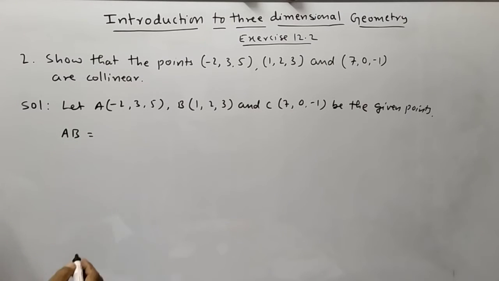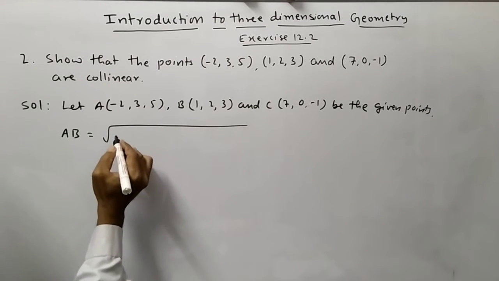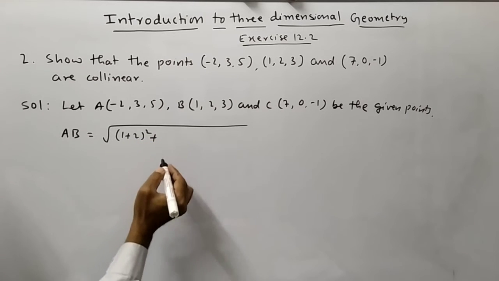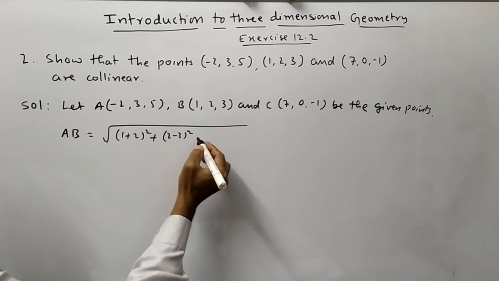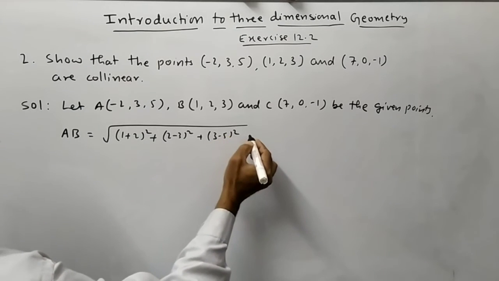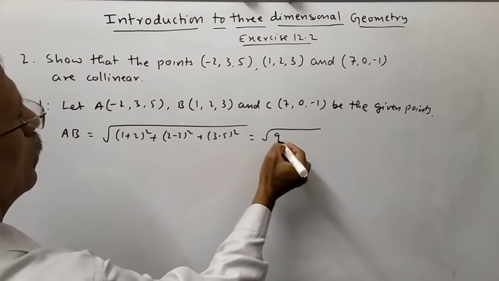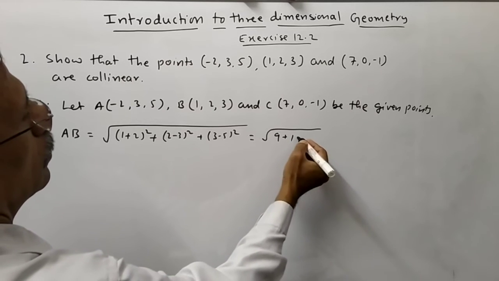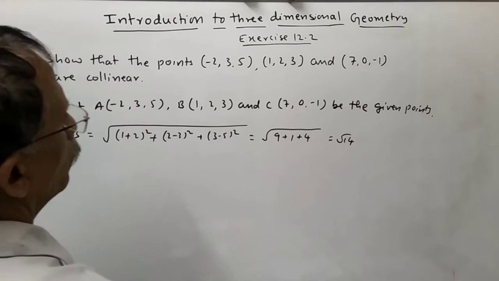AB is equal to square root of 1 plus 2 whole square plus 2 minus 3 whole square plus 3 minus 5 whole square, is equal to square root of 9 plus 1 plus 4, is equal to square root of 14.